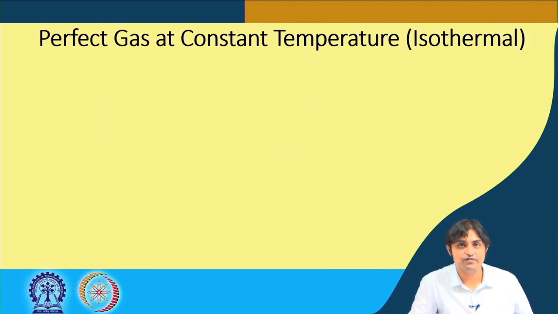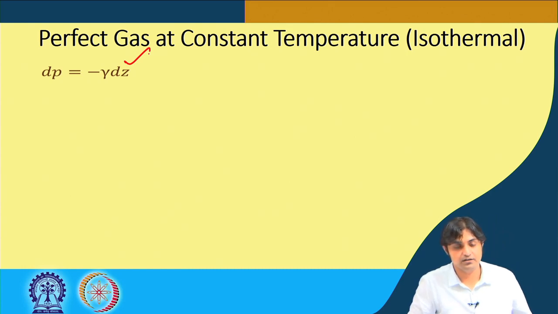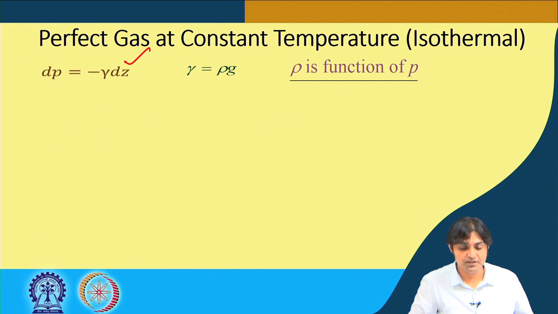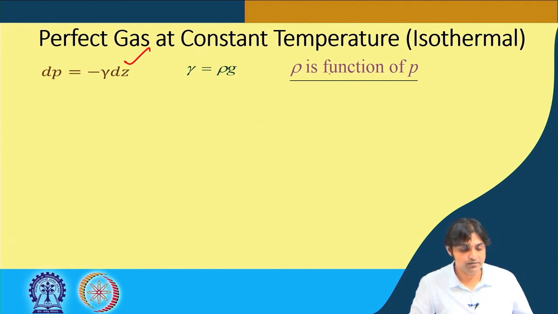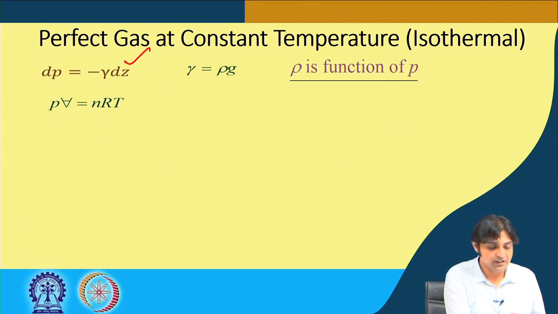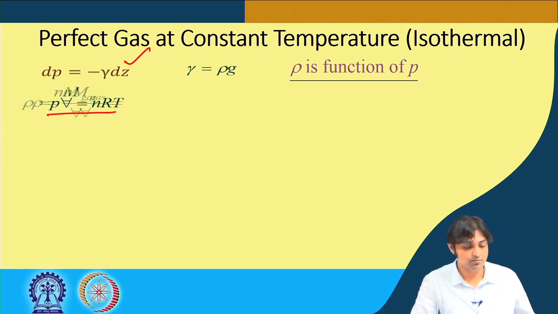Now, we are going to do perfect gas at constant temperature, that is the isothermal process. We start with the same old equation, dP is equal to minus gamma dz, okay, where gamma is rho into g, and the rho is a function of P. Because in a gas it is PV is equal to nRT, that is the thumb rule for isothermal.